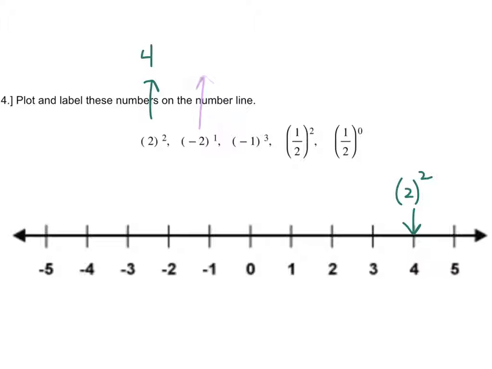The next one, negative 2 to the 1st power, is negative 2 when I evaluate it. So negative 2 to the first power would fall right on negative 2. Negative 1 to the third power would still be negative 1 because it's negative 1 times negative 1 times negative 1. So that one would fall right here.